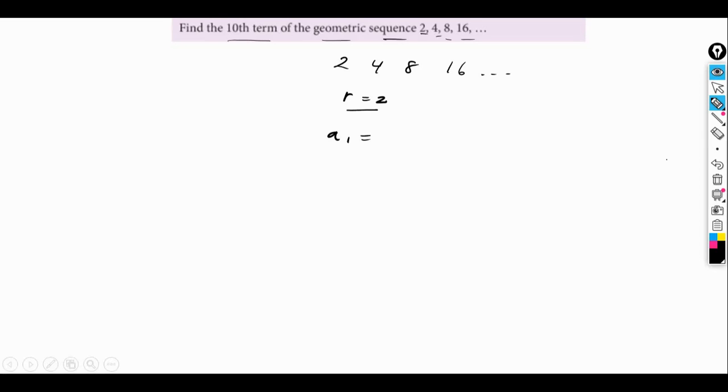The first term is 2. So we have everything necessary to find the nth term, because the formula for the nth term of a geometric sequence is going to be the first term times the ratio to the power of the index of the term minus 1. So if you want to find the 10th term, it's going to be 2 times 2 to the power of 9. And this is going to equal, if we plug it into the calculator, 1,024.